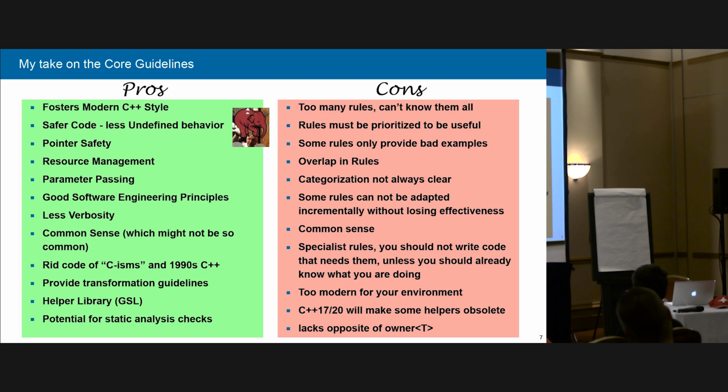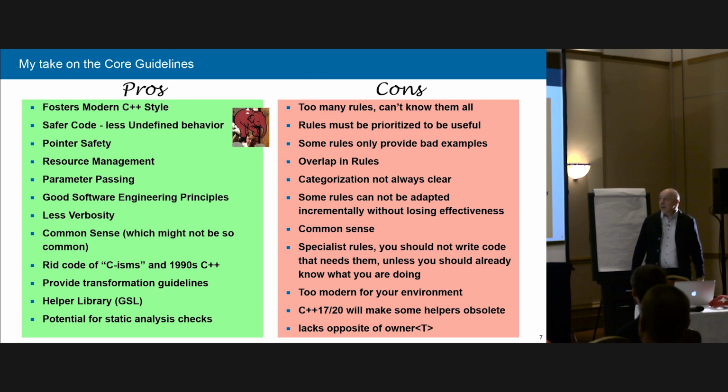And also, sometimes it seems to me that some people at Microsoft looked at their code bases, and every strange construct they found, they put in as a core guideline violation, which is something one might discuss. And also some rules only provide bad examples, not how to do it better, which is also a tough thing.